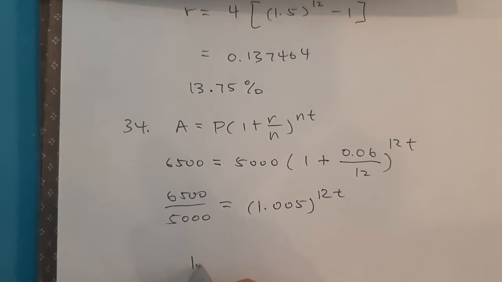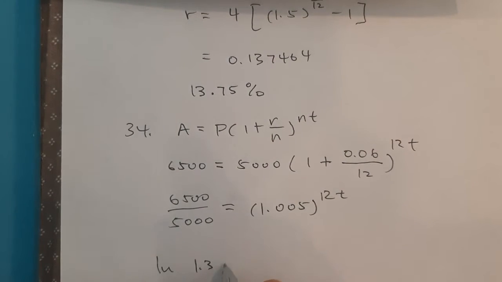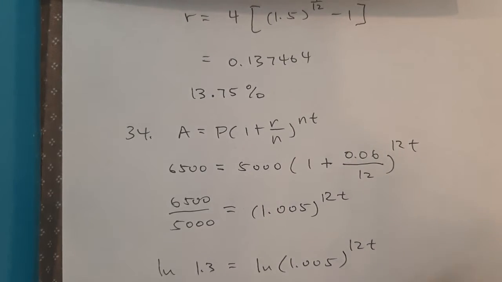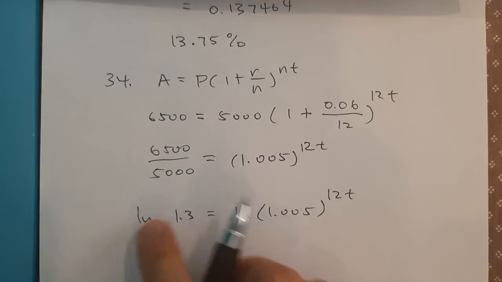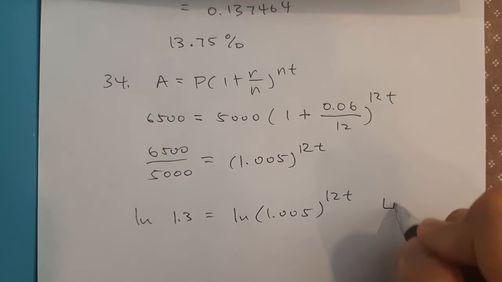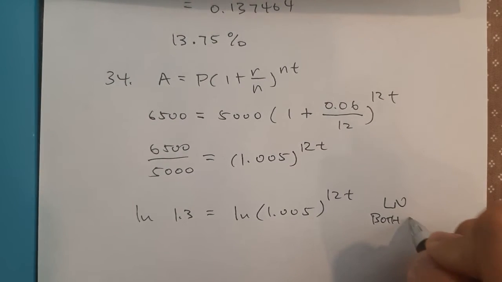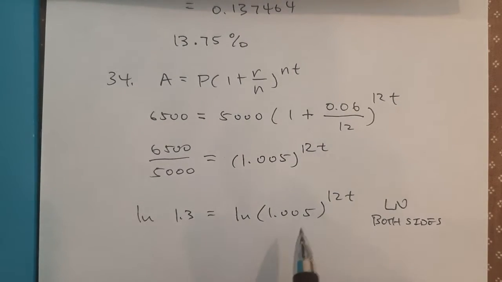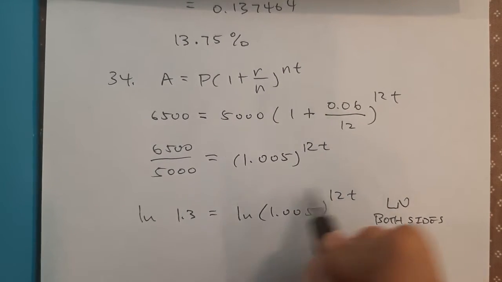So next step is you got 1.3, and then we're going to take the natural log on both sides. We got ln both sides. Then we're going to move this 12t to the front.